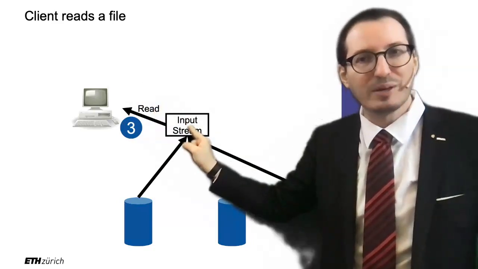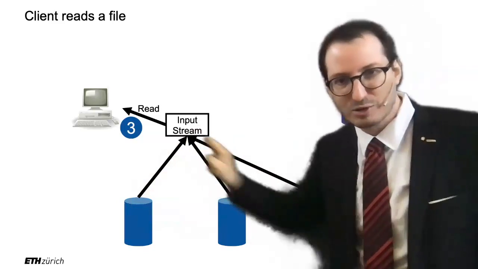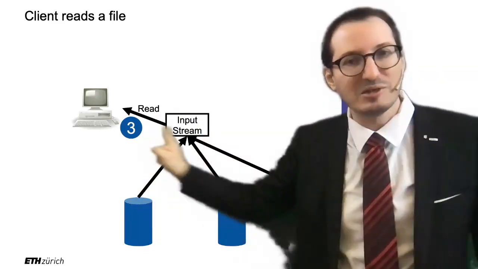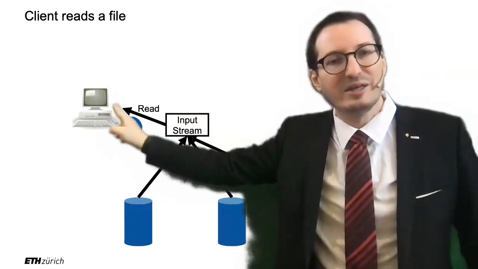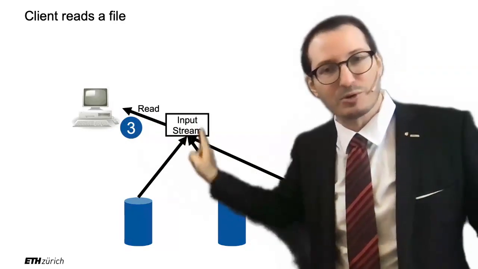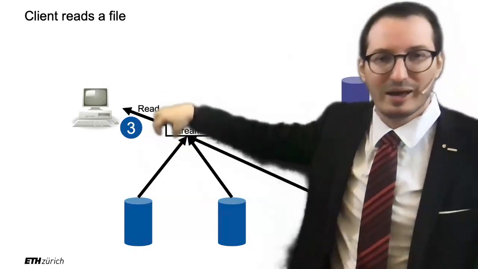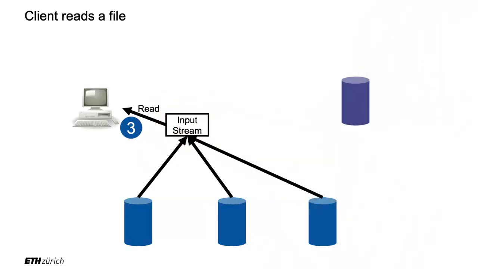The input stream is intelligent enough to use the information provided by the name node and connect to the right places. So in practice, if you read in Java, you will not even see the difference from a local file system, because connecting to the data node is nicely encapsulated in the input stream. Does that make sense? But technically, you're connecting to data nodes after data nodes to request block after block for a sequential read.